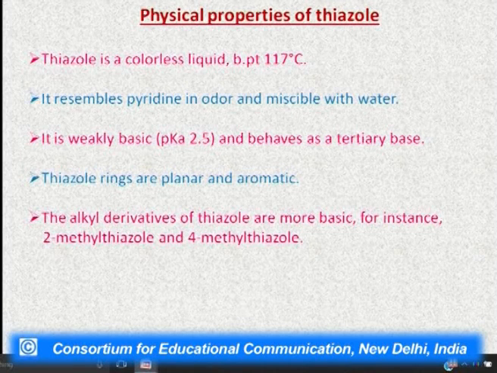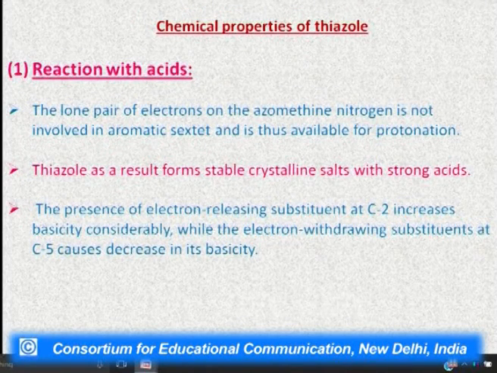The alkyl derivatives of thiazoles are more basic, for instance 2-methyl thiazole and 4-methyl thiazole. Since alkyl groups are electron releasing groups, they increase the electron density on the nitrogen atom and contribute towards the basicity of the molecule.